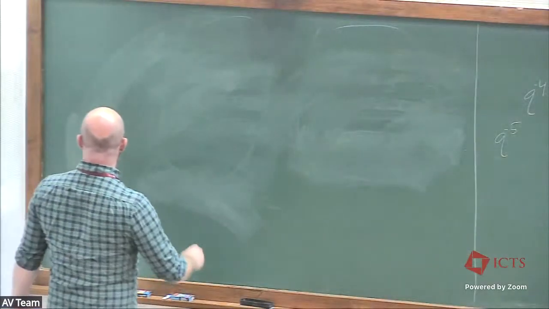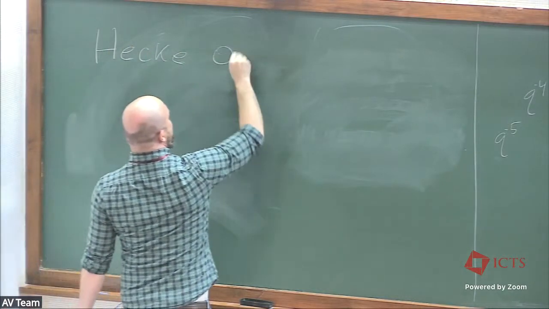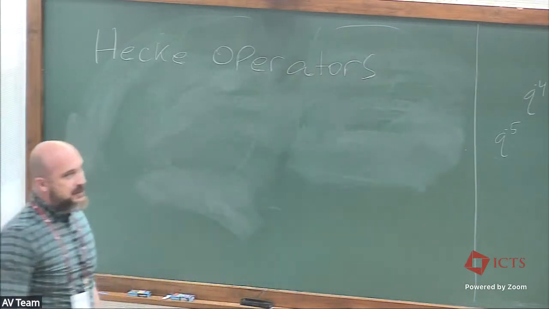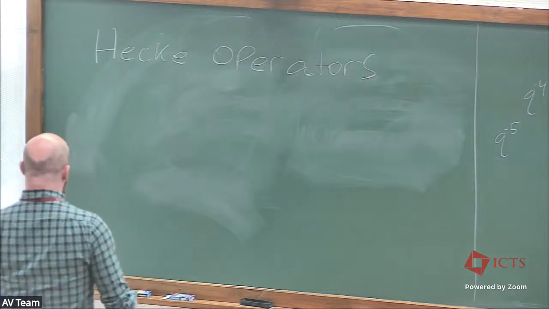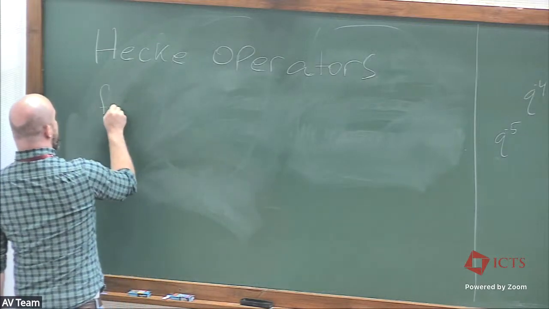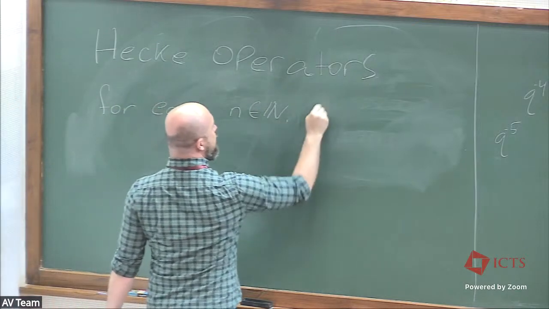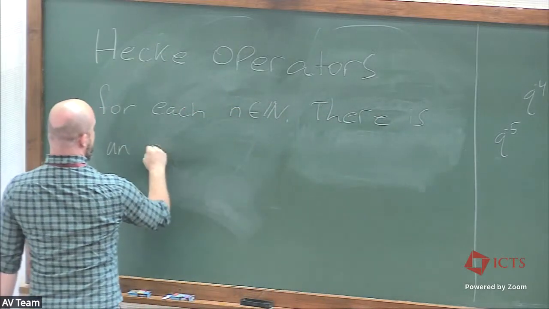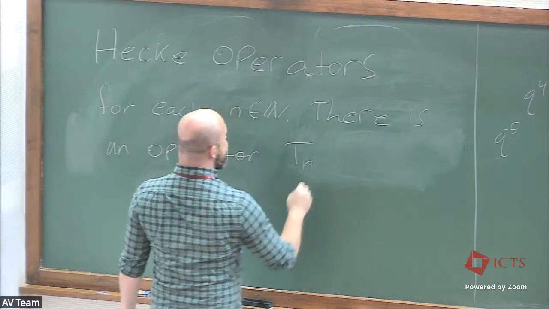Okay, great. So let's move on from there and start talking about our Hecke operators. Several people in this conference have already talked about Hecke operators. For each n in the natural numbers, there is an operator Tn.